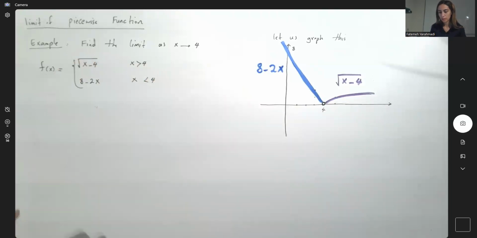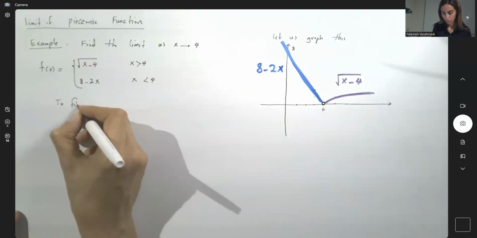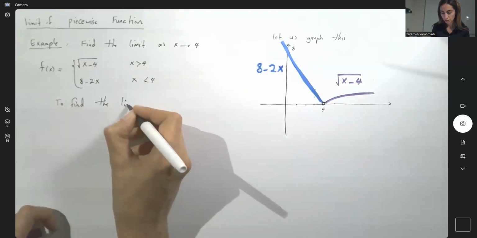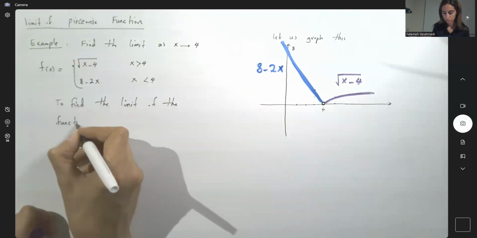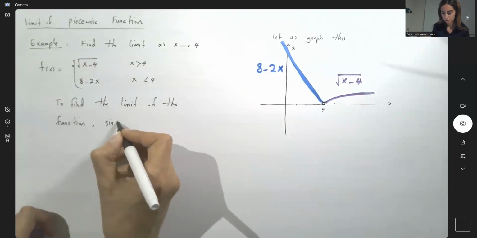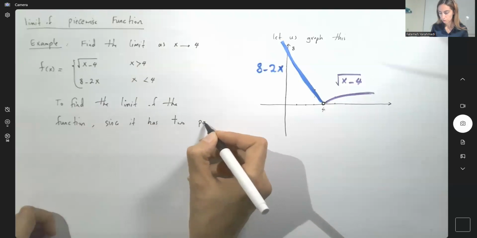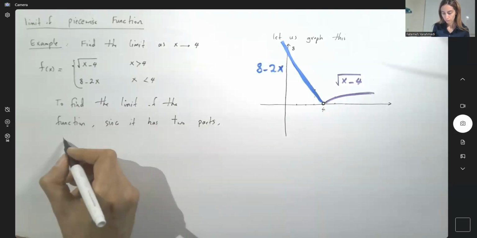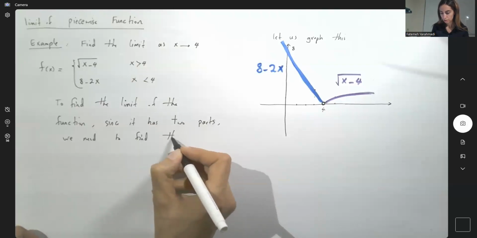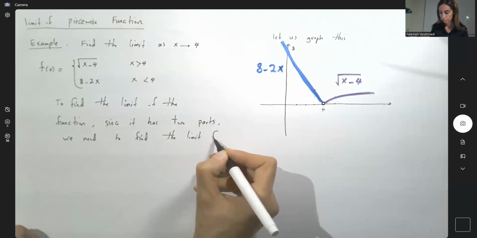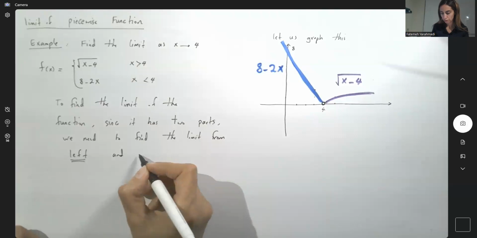Now, to find the limit of the function, since it has two parts, we need to find the limit from left and from right.